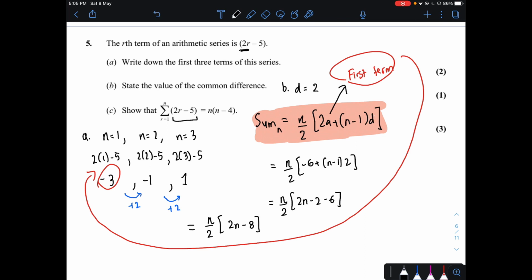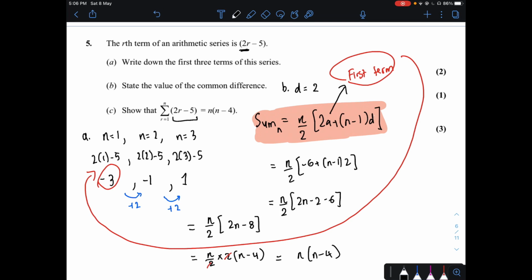Now we're almost there, but you see the half over here, and inside you can divide by 2. So let's take the 2 out: n over 2 times 2, bracket. If we divide both 2n and minus 8 by 2, you're left with n minus 4. Then both the 2's cancel, and you're left with your final answer, n bracket n minus 4.